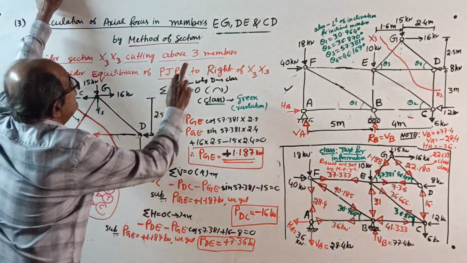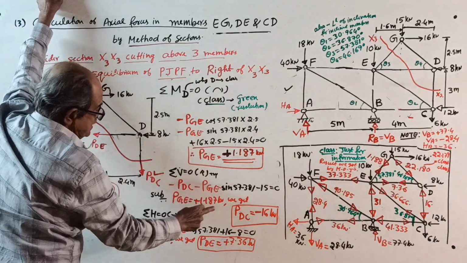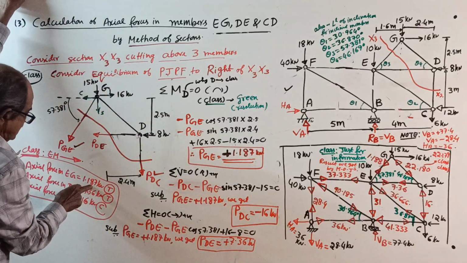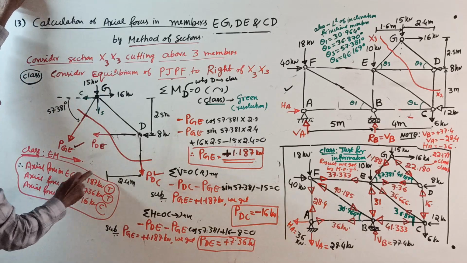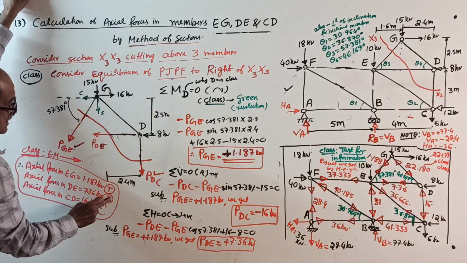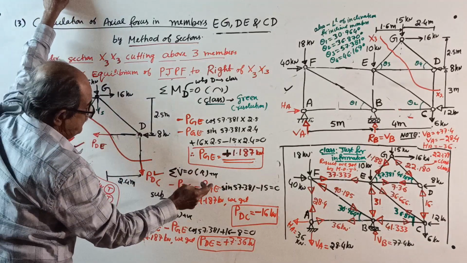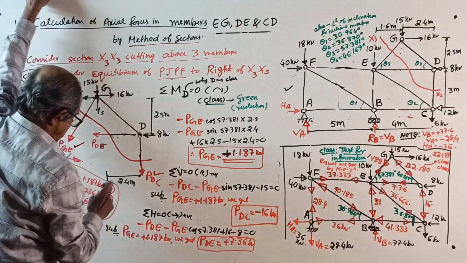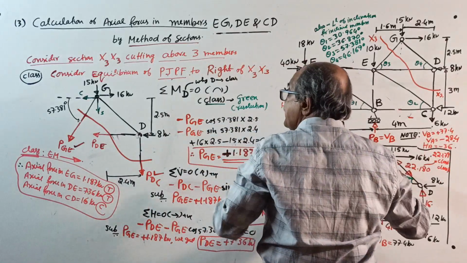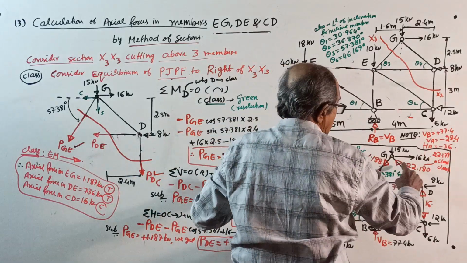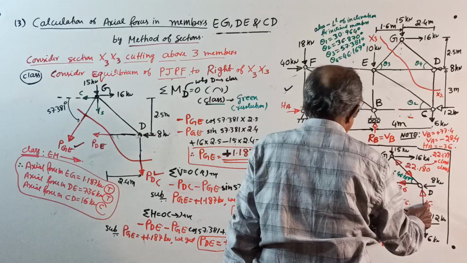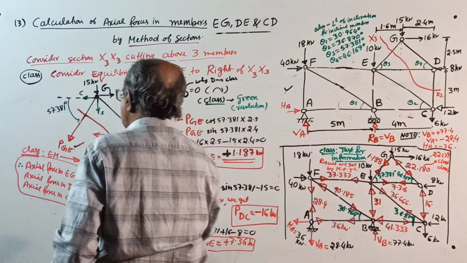So the final answer: for EG, where is EG? EG is here, 1.187 tension. DE, plus came, 7.36 tension. And CD or DC, where is it, here, 16 compression. See the answer here? 1.188, 1.187, 7.36, 7.36, 16, 16. Yes.